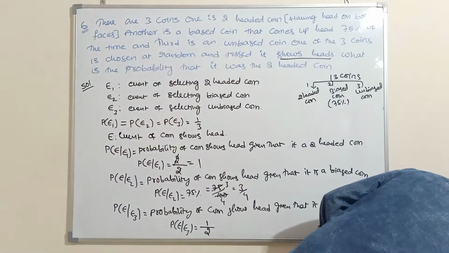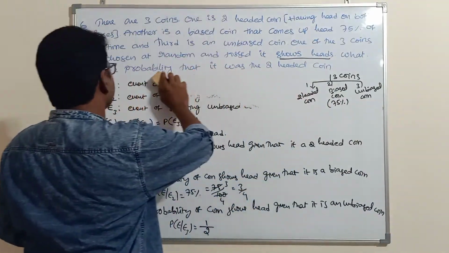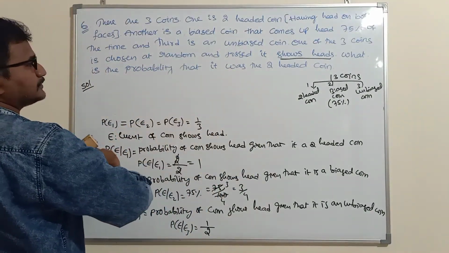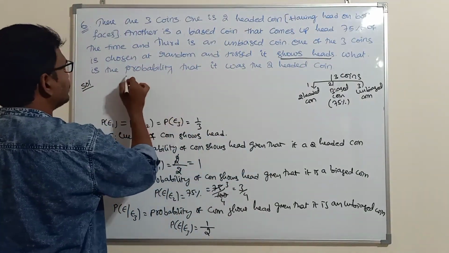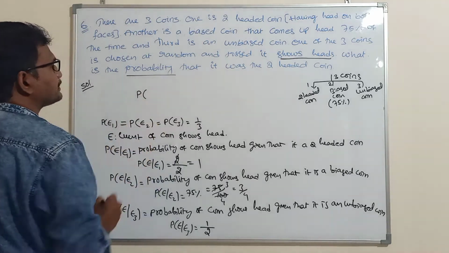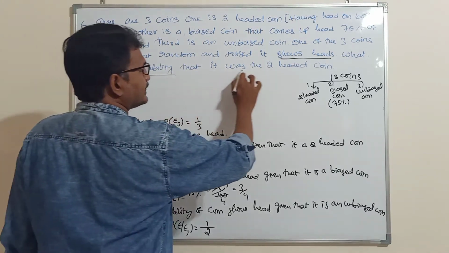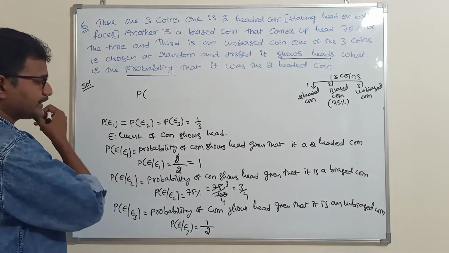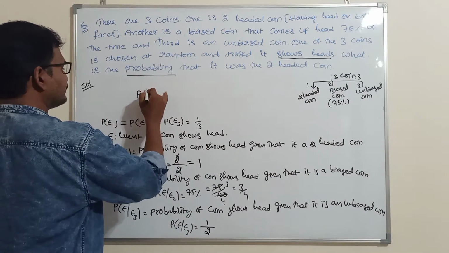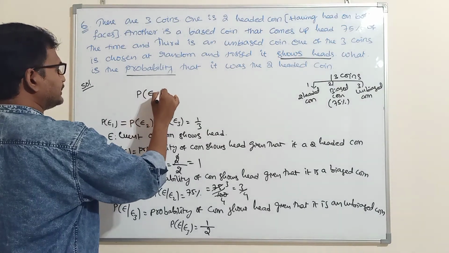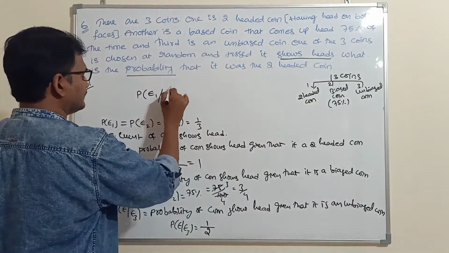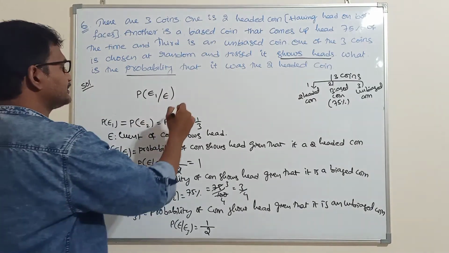Next, what to find finally? What is the probability that it was a two-headed coin, that is E1, given that it shows heads? What is the formula for this?